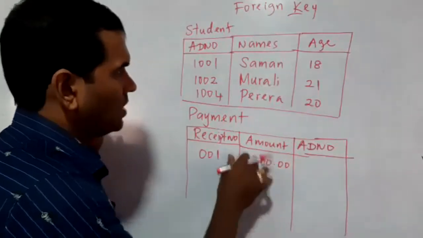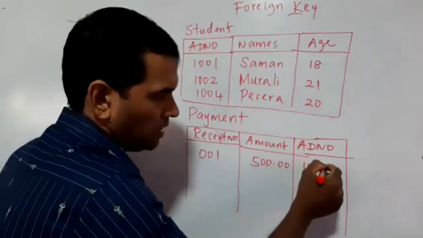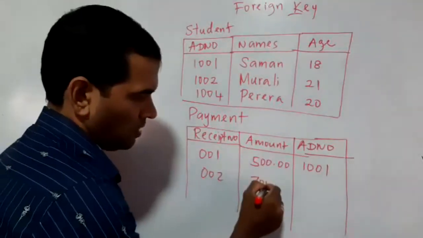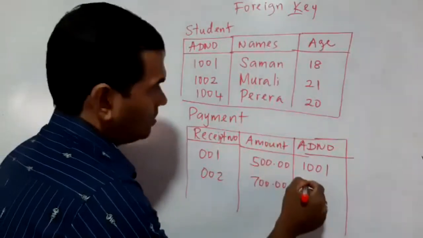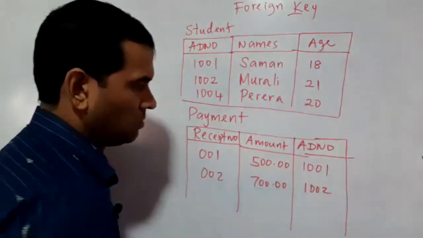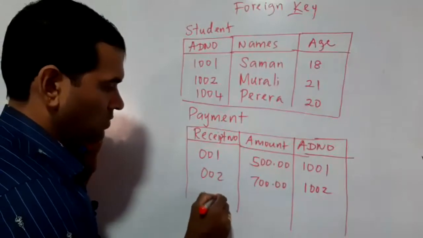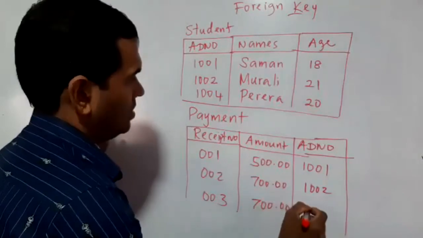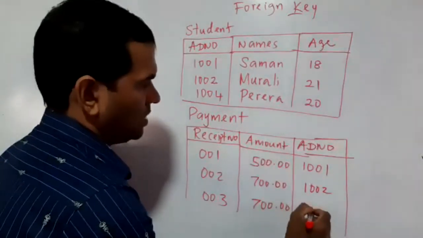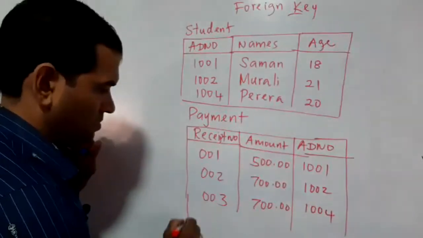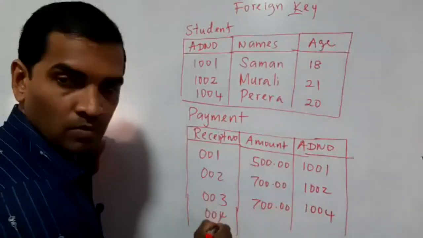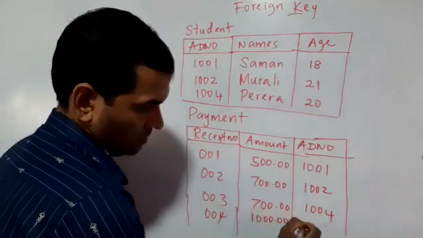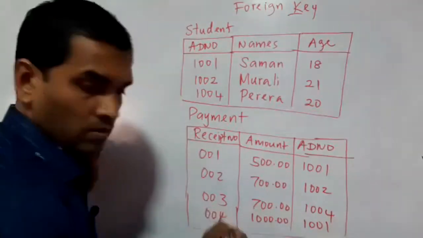This is made by 1001, he has paid that. 002, another receipt number, there is an amount, and this has been paid by 1002. 003, this has been paid by 1004. 004, 1000 rupees, this has been paid by 1001. Okay, enough.